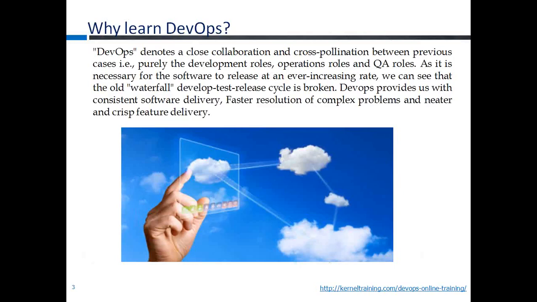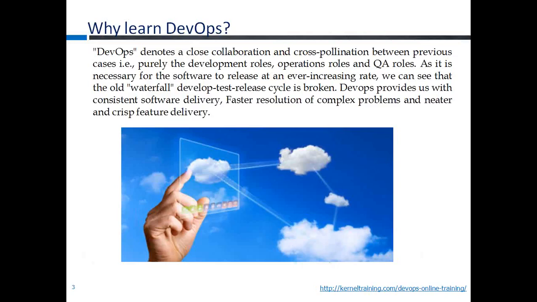Right now in the DevOps model, we can see we never use the waterfall model, because in the industry the requirements are every time increasing, and the operations too are every time increasing.